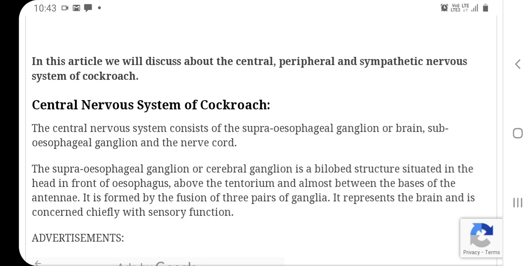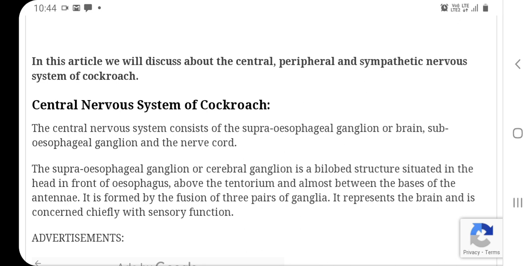Sympathetic nervous system means there are certain ganglia which are associated with the central nervous system or the brain. We will take these types one by one.